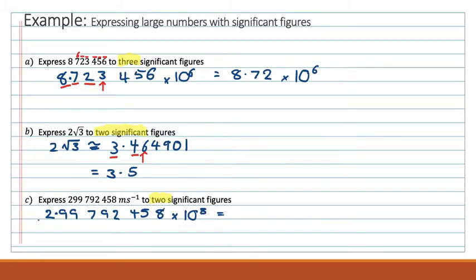So that's simply going to be these two here, and then looking at this final one, this 9 will round this 9 upward, and this 9 will also go upwards, so it will be 3.0 times 10 to the 8 meters per second.